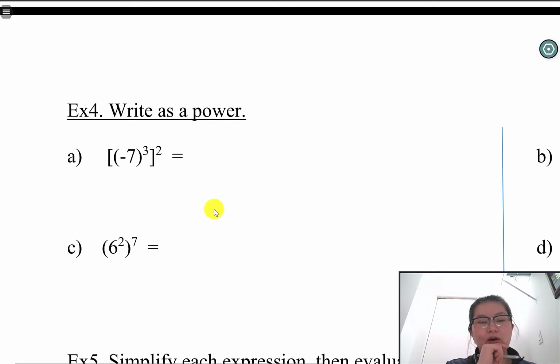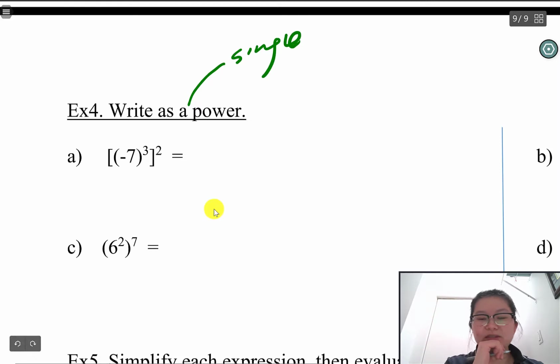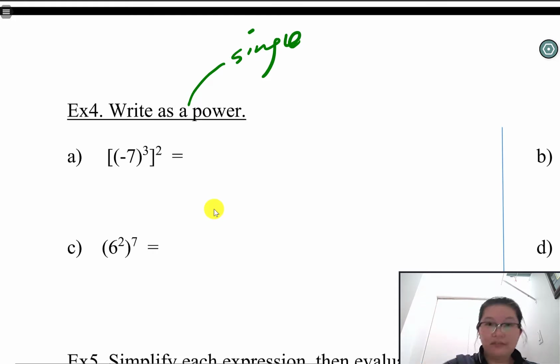Okay, so here we go. Let's write this as a single power. So let's take the 2. So again, -7 raised to the power of 3, and then the whole thing raised to the power of 2.